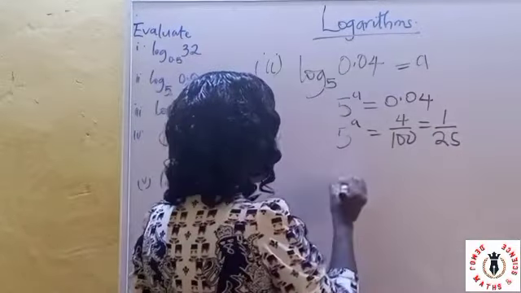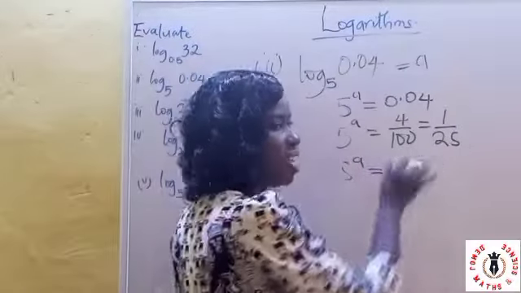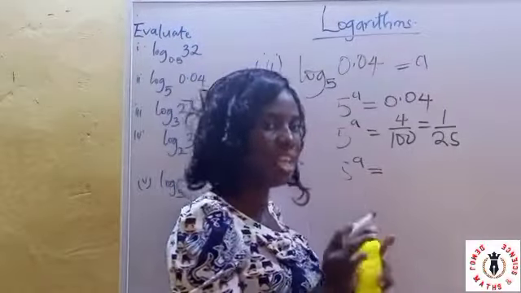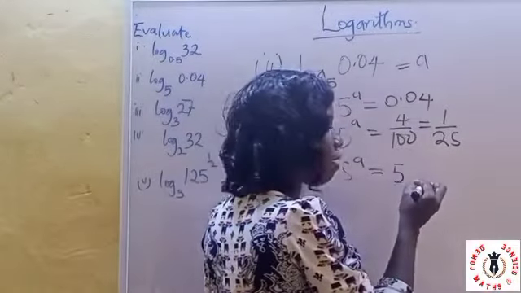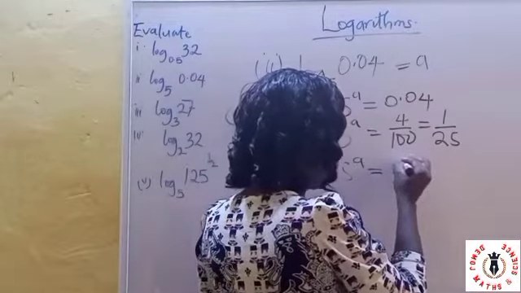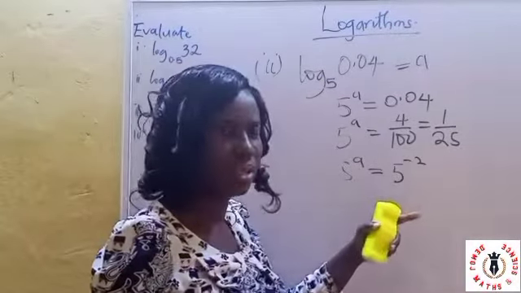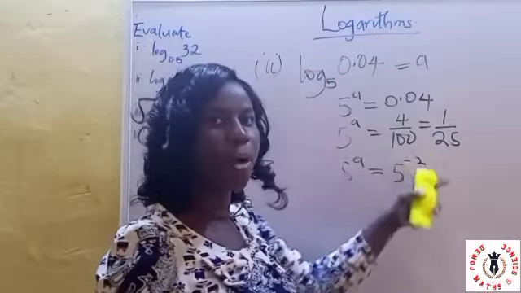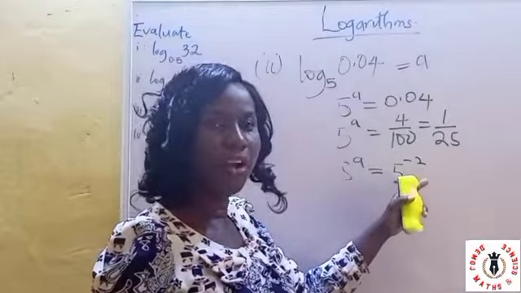So we have 5 raised to the power of A. Remember, we're going to write this in a simple index form, which is 5 raised to the power of minus 2. How did we get here? Some people would ask me, how did we move from 1 all over 25 to 5 raised to the power of minus 2?